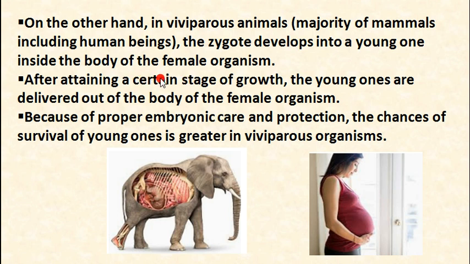So after a certain number of months, the new baby will be delivered, because of the proper embryonic care and protection. In viviparous animals embryonic care is there. The new baby is cared for well by the mother, and protection is also good. So the chances of survival of the young one are greater in the viviparous organism, compared to oviparous. So viviparous is better than oviparous.